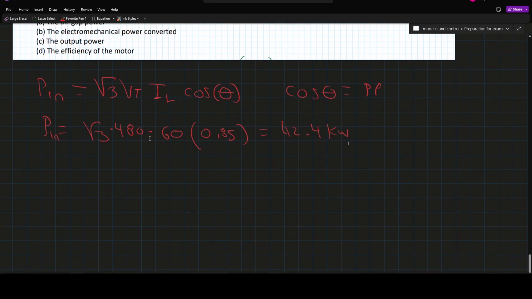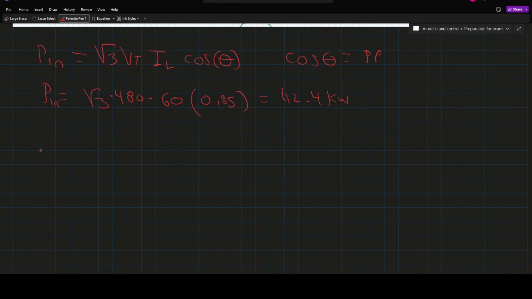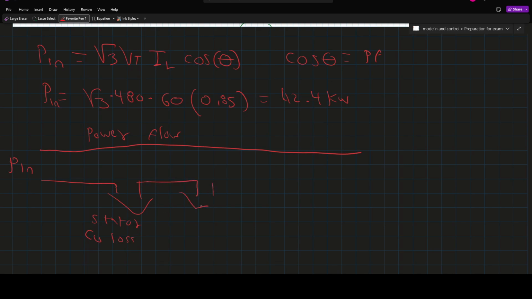Okay, now in a previous video we figured out the power flow in a motor. So we said that here we're gonna have the power in, then we are gonna have the stator copper losses, then the stator core loss.